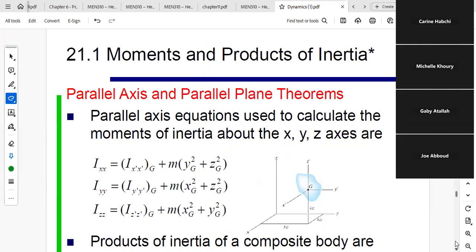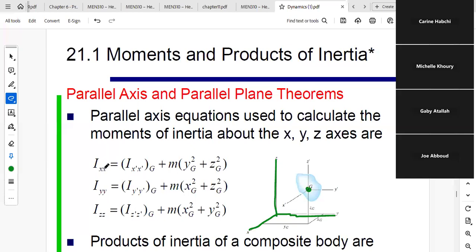Now, we know that for typical geometries, we'll give you formula sheets where they mention the inertias about xx, yy, zz, and also the products of inertia. But if we have all the information about the axes passing by G, and we want to deduce inertias and products of inertia about any xyz axes that are parallel to x prime, y prime, z prime, where x prime, y prime, z prime are axes passing by the center of mass, we can do this by applying the parallel axis theorem.